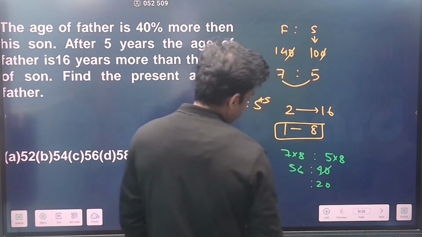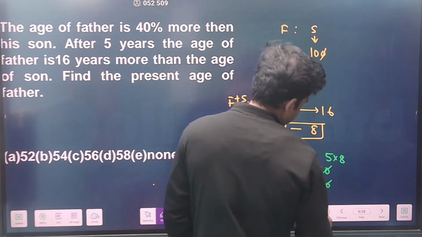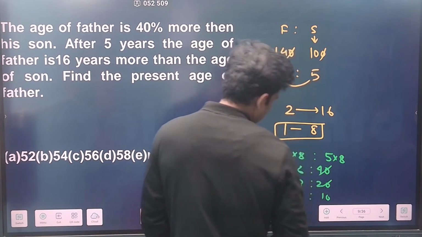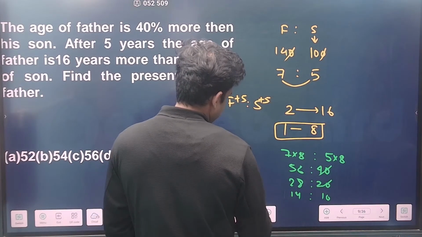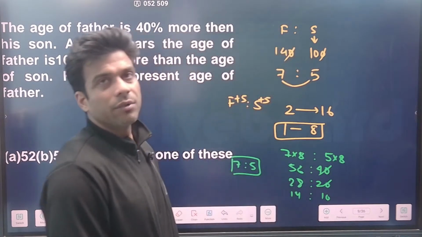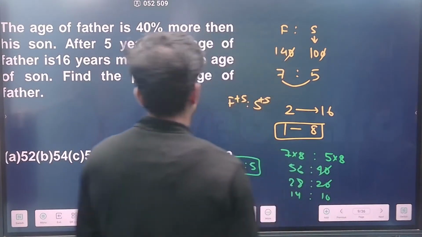Again the ratio would come out, but you cannot just go for ratios. It is 56.